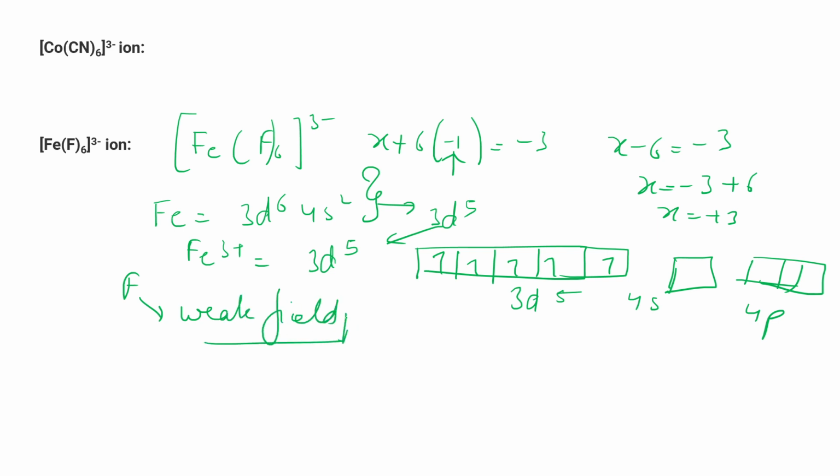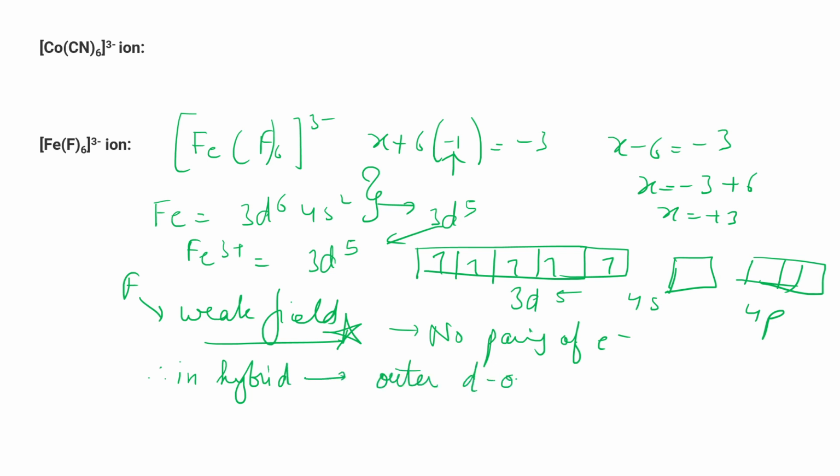Will it cause any pairing? Tell me. No, no pairing will be there. No pairing of electrons. Therefore, in hybridization, outer d orbitals will be involved.